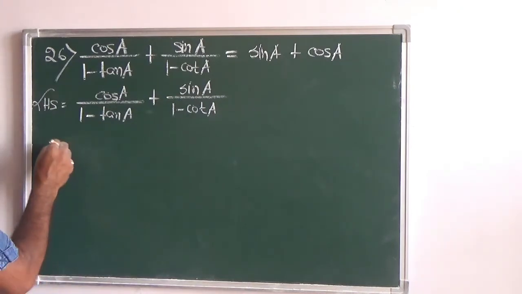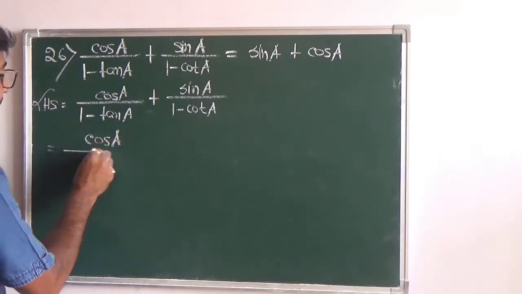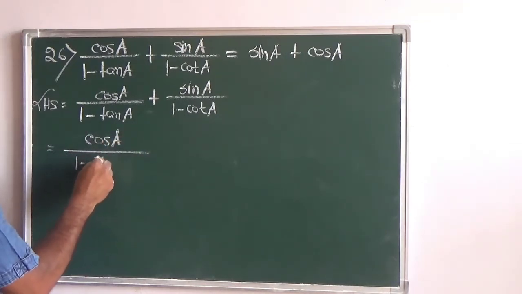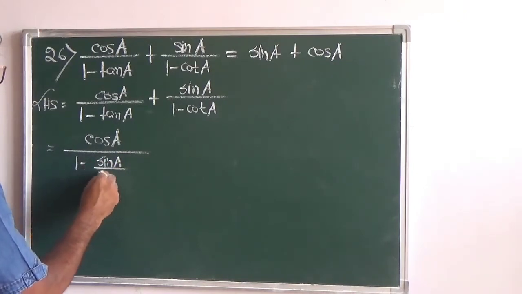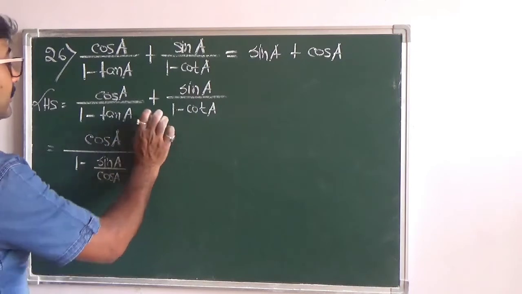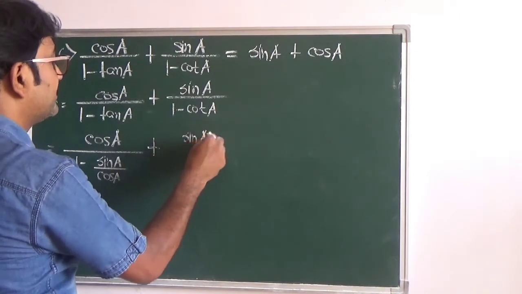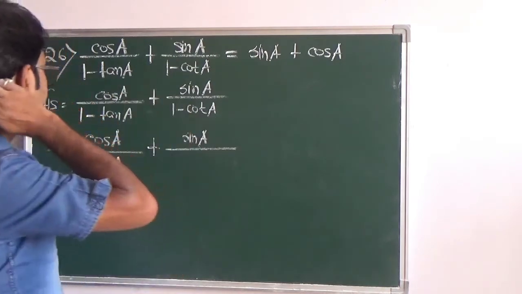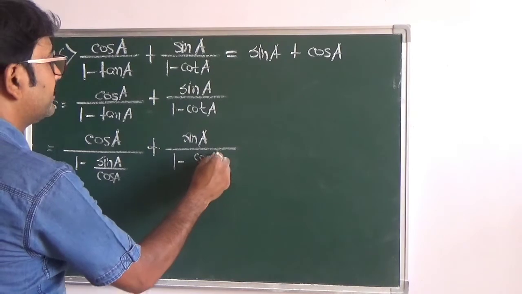So let us do it as cos A divided by 1 minus sin A by cos A plus sin A divided by 1 minus cos A by sin A.